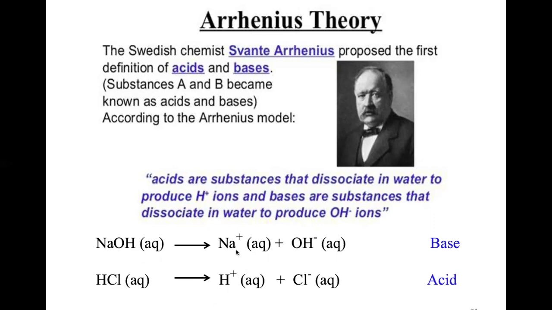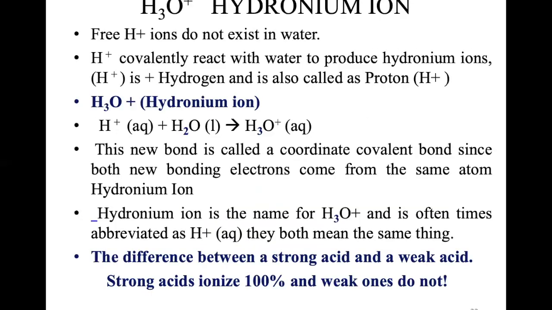But this hydrogen is highly reactive, and it will not remain in H positive state. For microseconds it remains in H positive state. So what happens with this H positive ion? It will react with another molecule of H2O and form H3O positive, and this H3O positive is called hydronium ion.